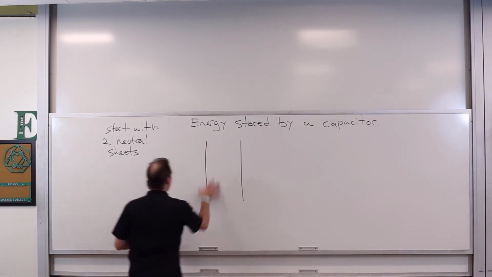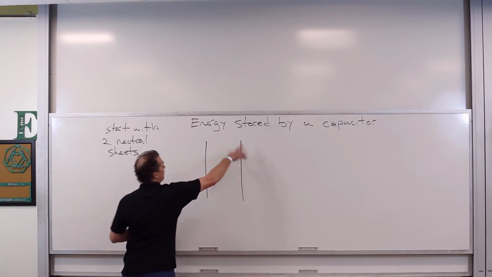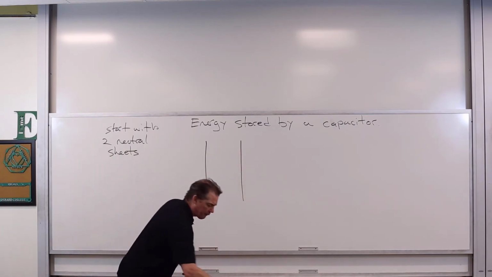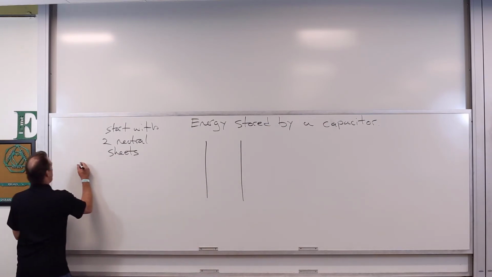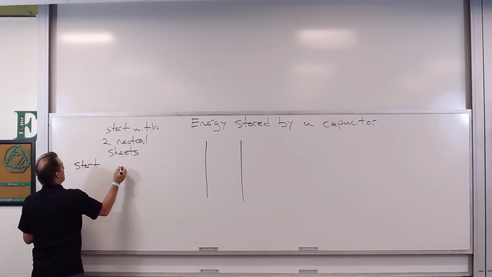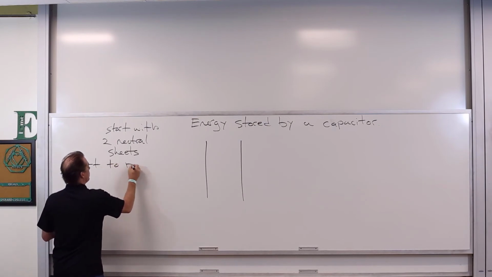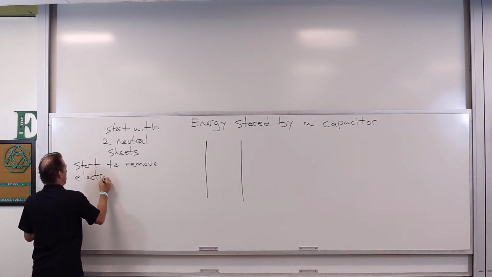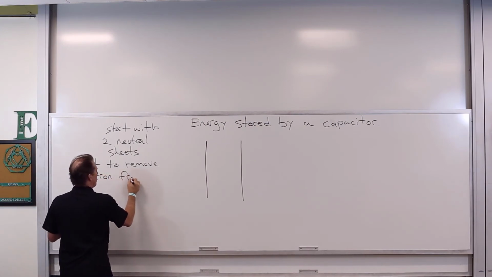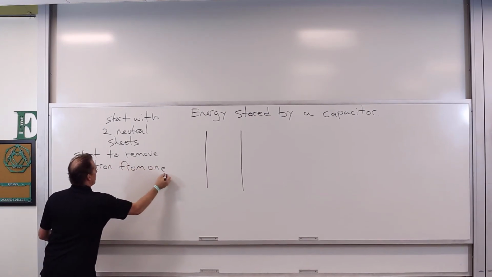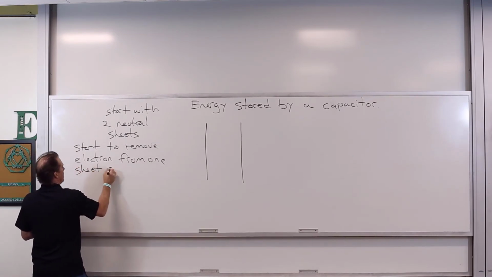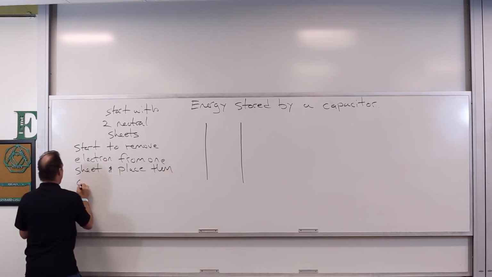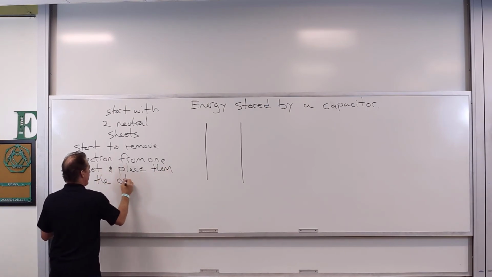So this one's full of electrons and protons, this one's full of electrons and protons, and what we're going to do is start to remove electrons from one sheet. Place them on the other.